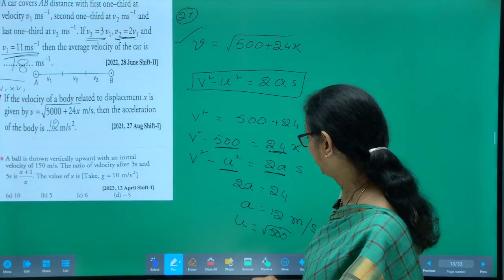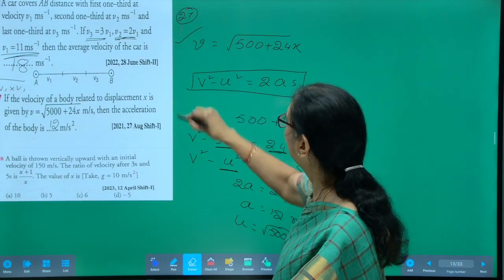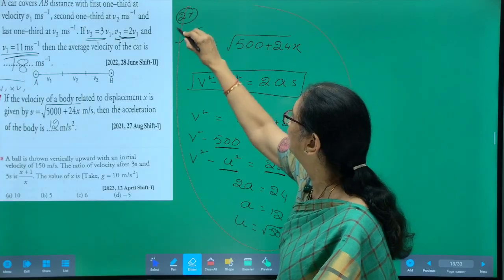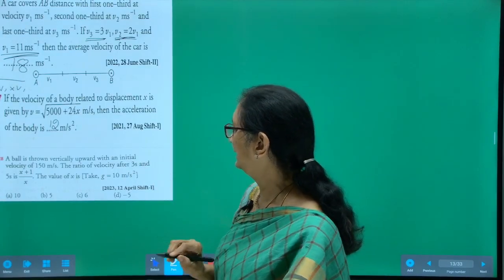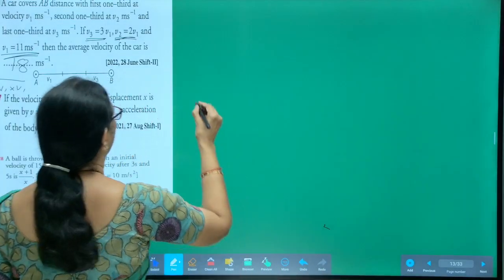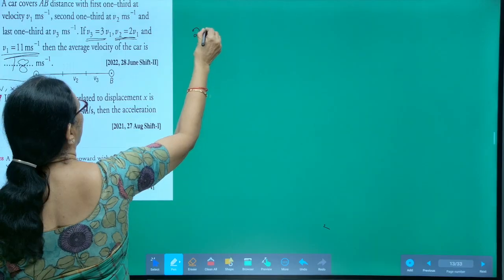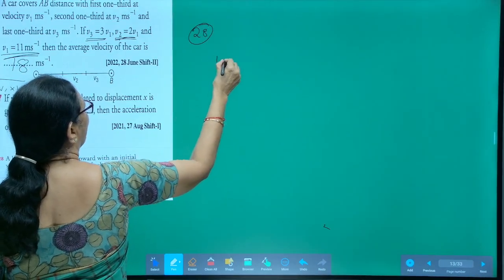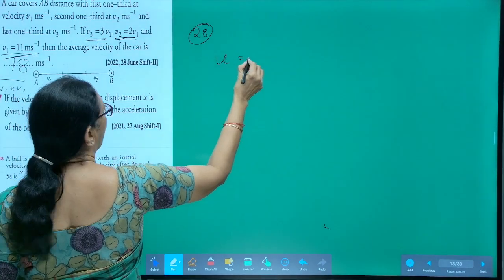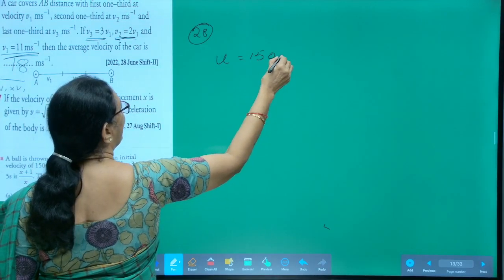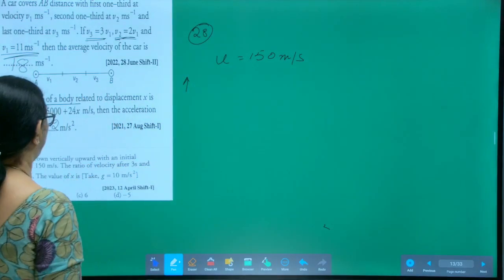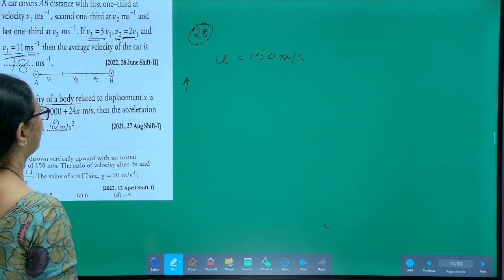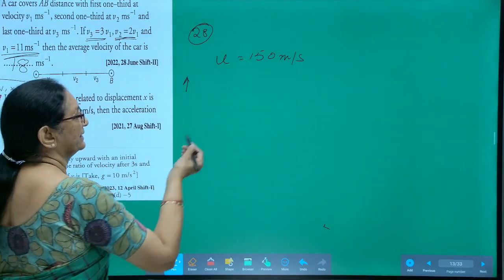Value of x is. See, read the problem carefully first. I'm talking about 28th question. Initial velocity of the ball is 150 meter per second. It is thrown vertically up. Ratio of velocity after 3 seconds, after 5 seconds.